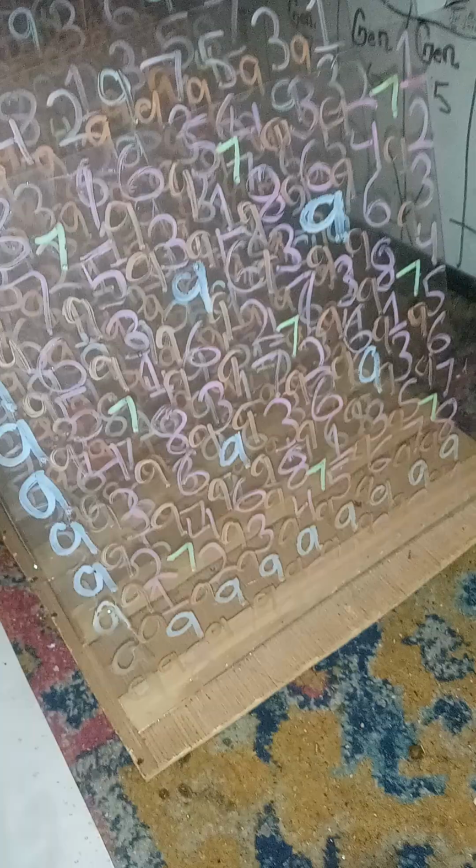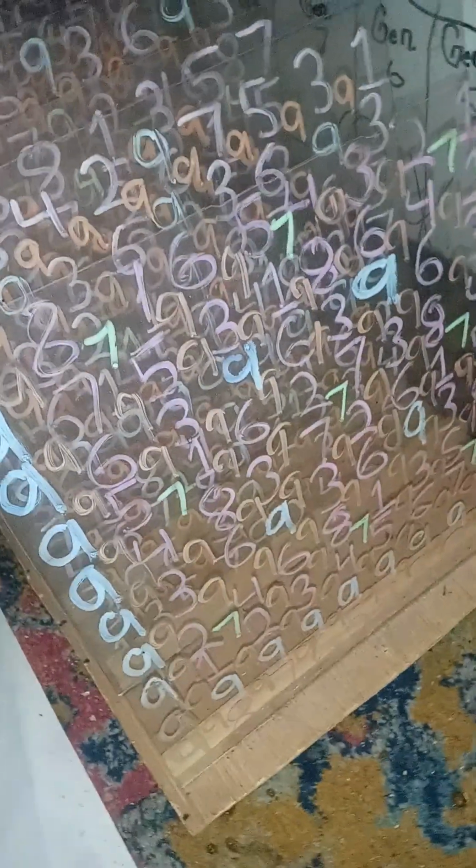Then there's the 7, 1, and 4s that repeat through each pane. 7s, 1s, 4s, and I've already gone through here. 7s, 1s, and 4s in the back.